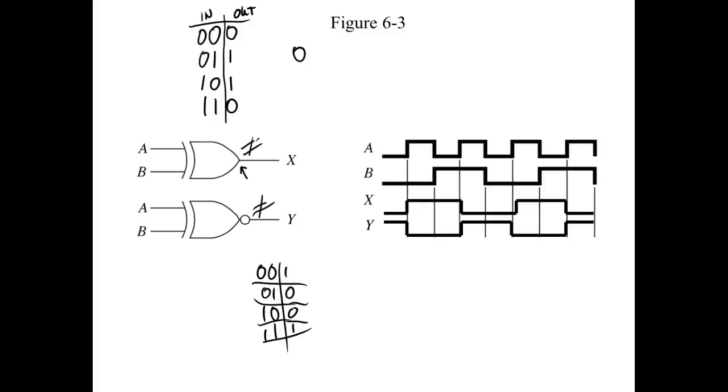So we can do math with them, because when we add, if I add a 0 and a 0, what do I get? 0, right? And if I add a 0 and a 1, what do I get? 1. If I add a 1 and a 0, what do I get? 1. If I add a 1 and 1, what do I get? I get a 0 with a carry of 1.